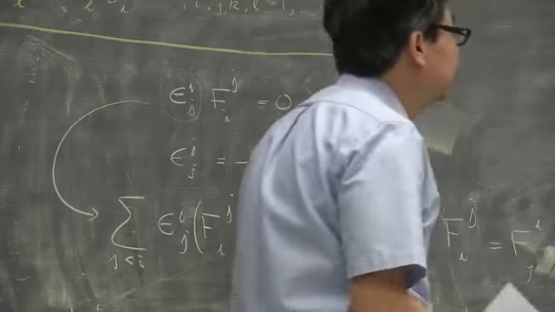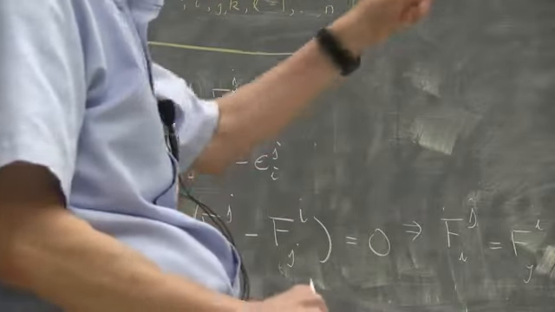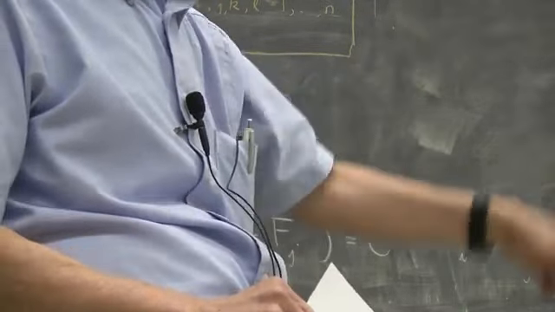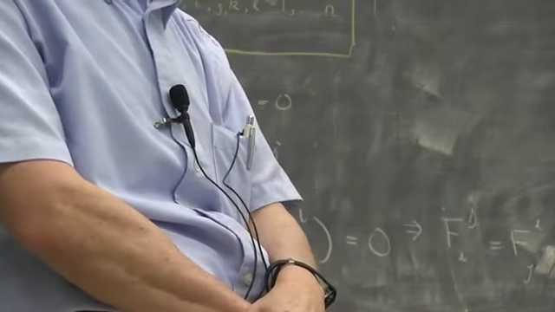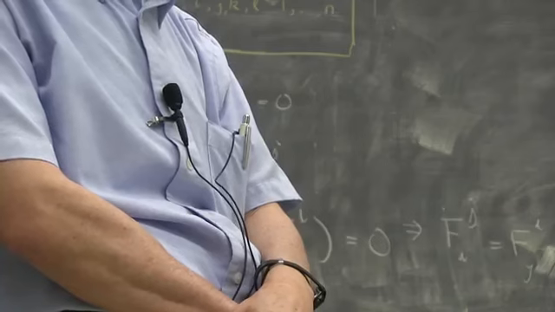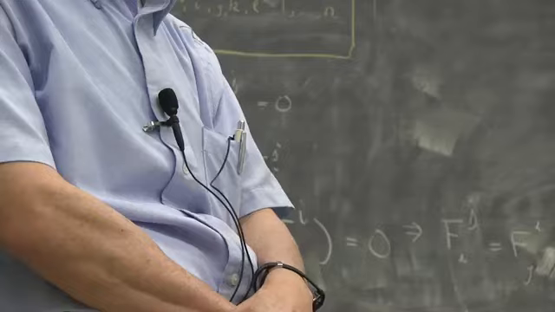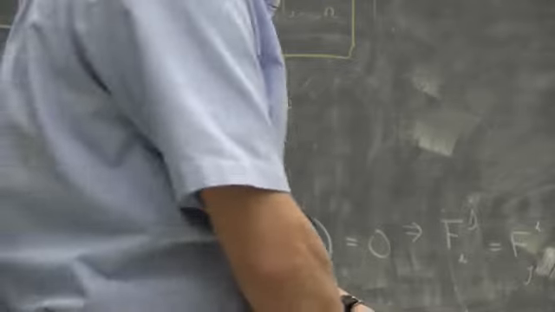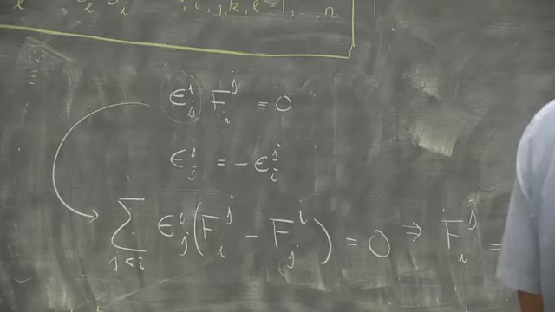So then we have two separate facts now. fij is equal to fji, but fij is also equal to minus fji. So that forces you to conclude what? That any fij must be equal to 0. Something that's equal to its own negative has to be 0. Okay? Is that okay? So fij is equal to 0 up to this point.